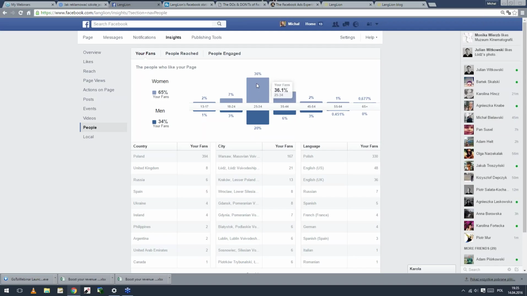In our case, 36% are 25 to 34 years old, and those are women, so our company is more liked by women. So probably our campaigns should be more oriented on women that are from 25 till 34 years old.